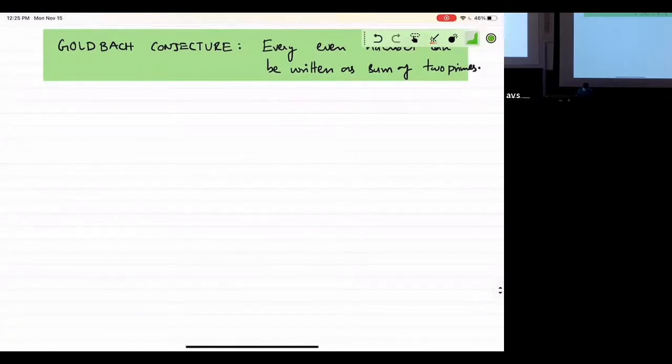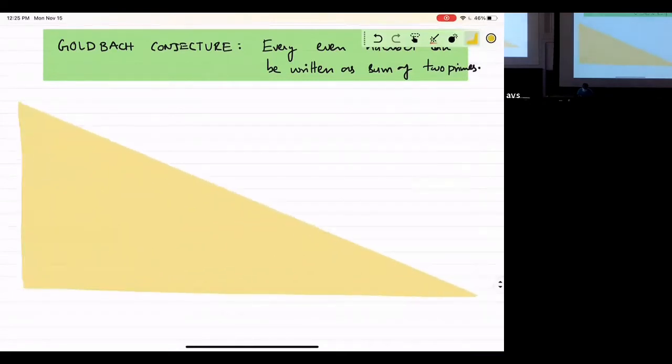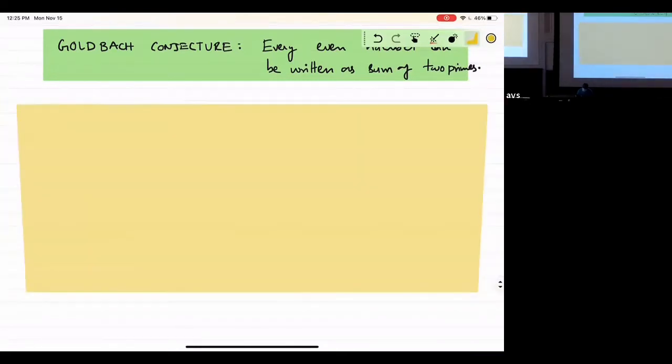Well, consider the following simple program. I'm going to call it def Goldbach Z. I'm going to say n equals 4, while true.